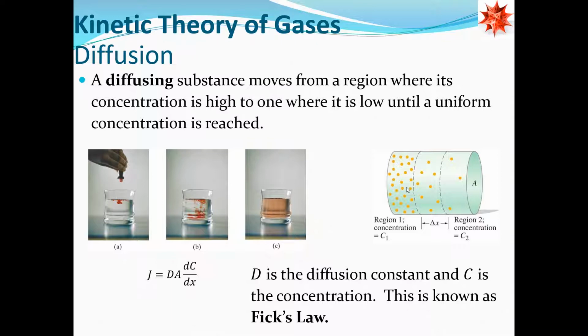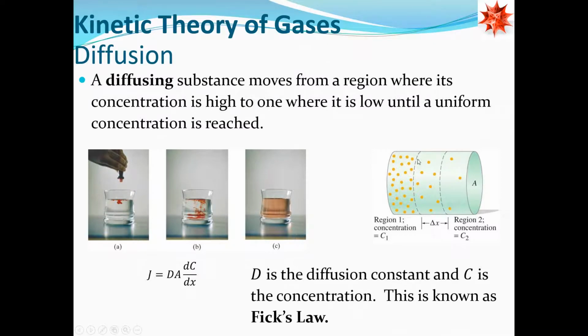And again, we can think of this through the kinetic concepts because particles will want to move freely where they are. A particle here that's moving to the right isn't going to bounce back until it hits something. So particles that move to the right will continue moving to the right until they hit this boundary here. And the particles moving to the left are going to continue moving over here until they hit this boundary here.